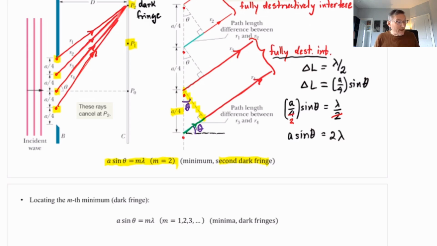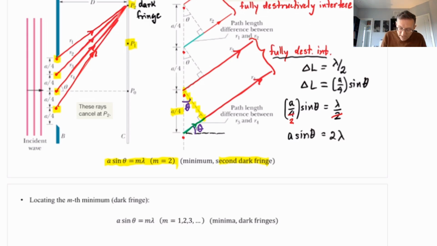All right? Now, you could continue this process, always dividing the slit of width A into an even number of parts and requiring that pairs of waves fully destructively interfere, and then you'll just have a bunch of destructive interferences and you'll have darkness.